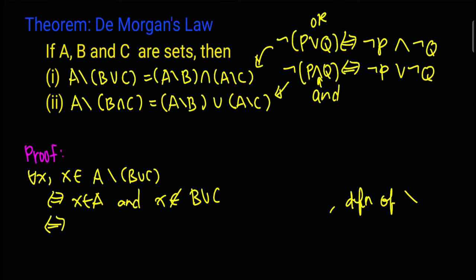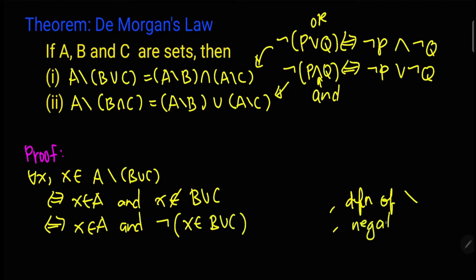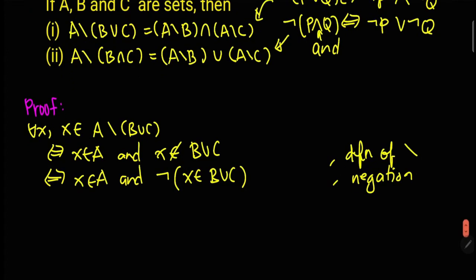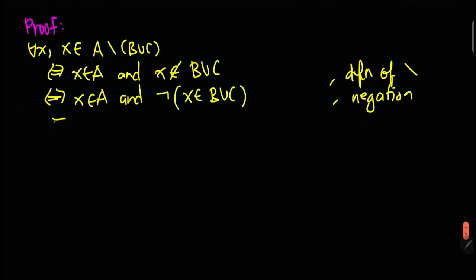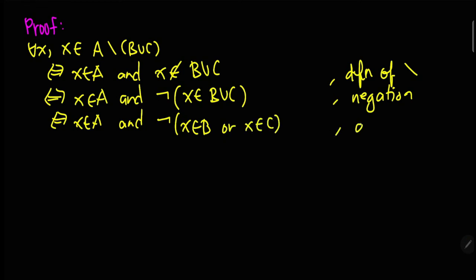The definition requires x is in. So first, we remove the negation. So let me copy x is in A, and it is not true that x is in B union C. So that's negation. So now you can apply the definition of union. Let me copy again: x is in A, and it is not true that x is in B or x is in C. So that's union.